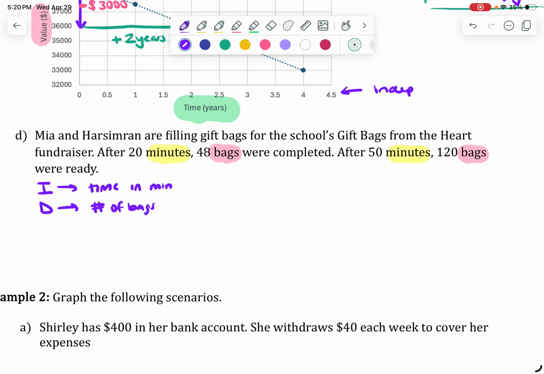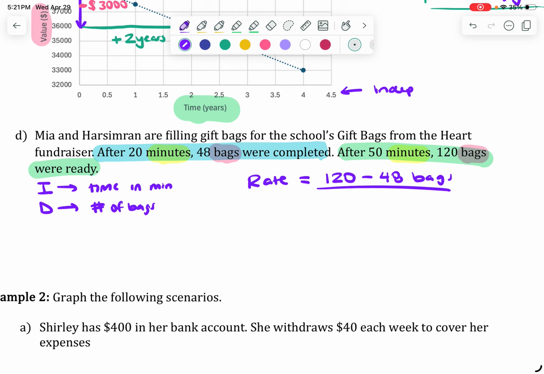Okay. When I take a look, I need to make sure that this set of values is maintained position and this set of values has maintained position. Whatever position I tend to choose, I should get the same final answer. But I have this. So my number of bags will go at the top. I am going to go my final number minus my initial number. And I'm going to put bags there. And then accordingly, I'm going to put my final time minus my initial time.